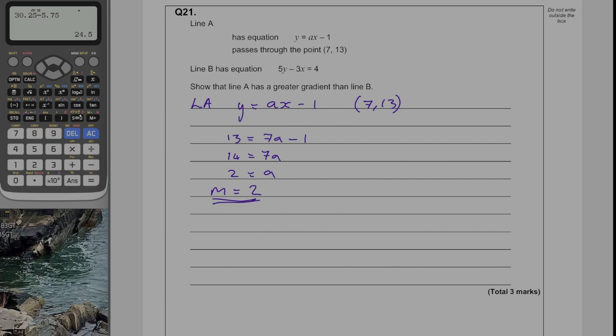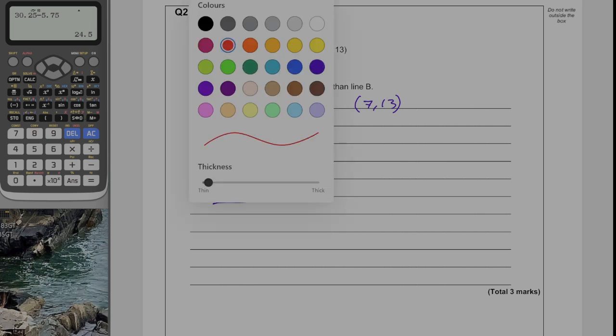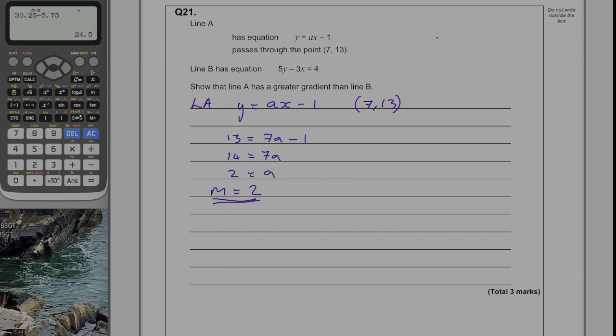Right, I'll change pen just to show that I'm now moving on to line B. So line B has the equation of 5y minus 3x is equal to 4. So if we add 3x to both sides, 5y is going to be equal to 3x plus 4.